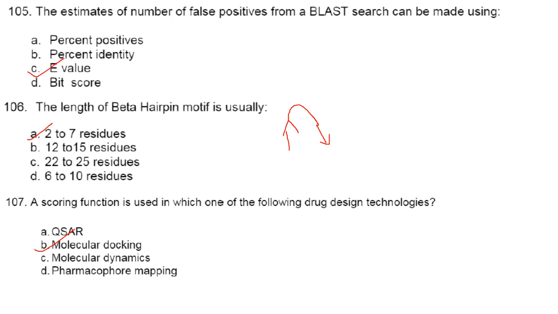Scoring functions are used by docking programs for estimating the binding affinity between the ligand and target as well as for predicting the native structure of protein-ligand complex. It is molecular docking. Answer is option B.